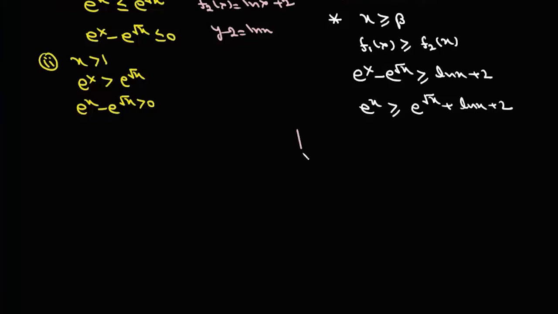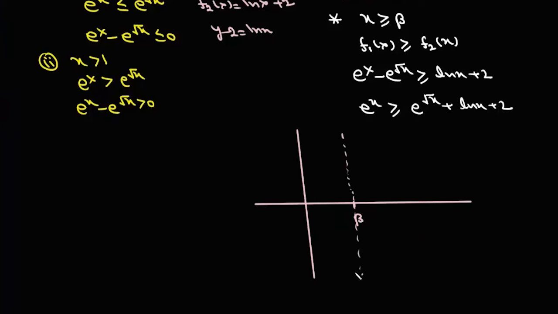So from here what we can do is, if this is beta, then after beta, the graph of e to the power x will always lie, or will always be above the graph of e to the power root x plus log x plus 2.